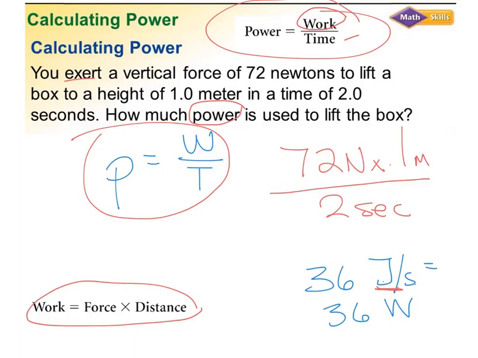Now we need to transfer joules per second into watts. This is done easily because the SI unit of power is the watt. A watt is the amount of joules per second. So an easy way to do this is just to change this joules per second into watts.